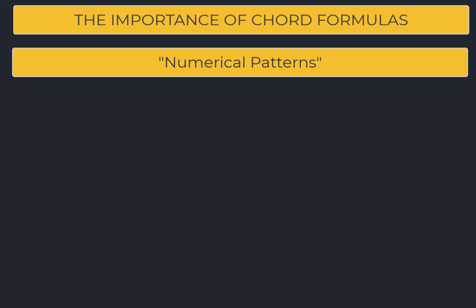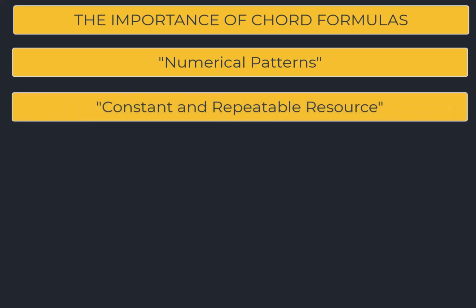Chord formulas allow the musician a constant and repeatable resource to form any chord you might need to play without having to memorize all the note interval combinations, which is a very important feature. For example, to form and play a major chord in all 12 key signatures without having the major chord formula at hand, you would need to memorize the following note combinations.